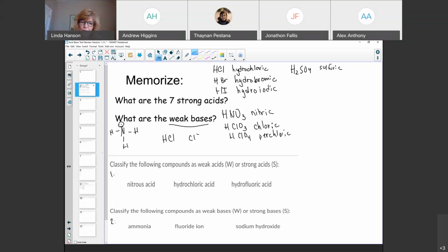Let me give you a moment to look at those formulas and make your own guess on the notes that you're taking. Classify these strong or weak.